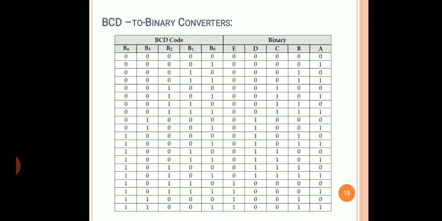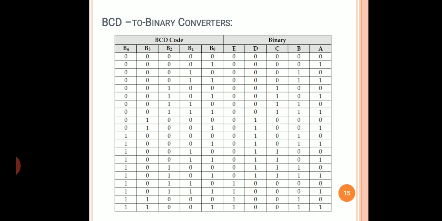BCD to binary code converter. If you observe, how many binary numbers are there? 4-bit binary numbers are from 0 to 15. In this diagram, we have considered the BCD numbers from 0 to 19.